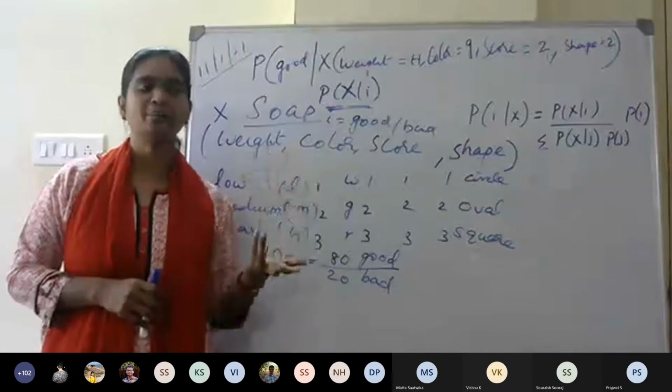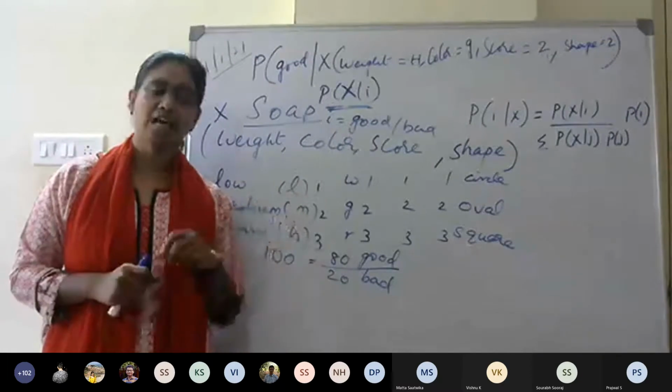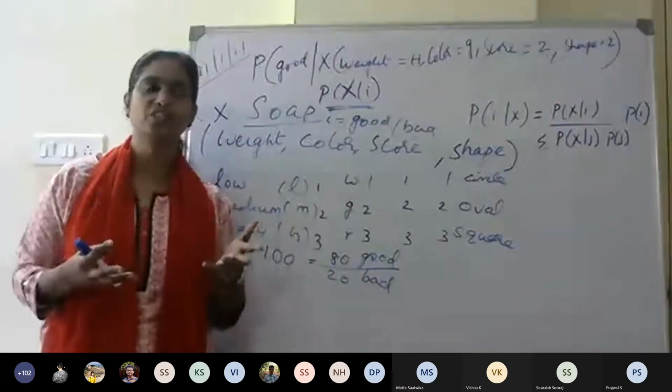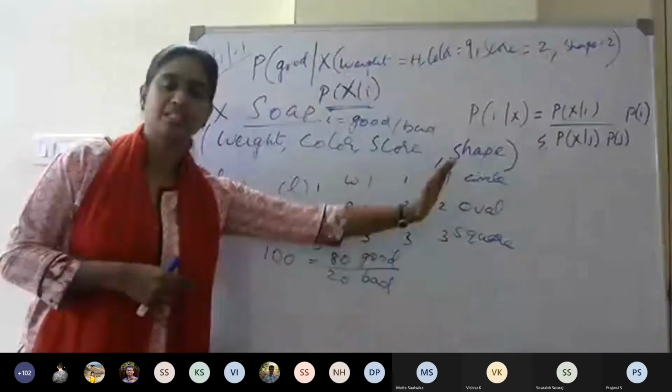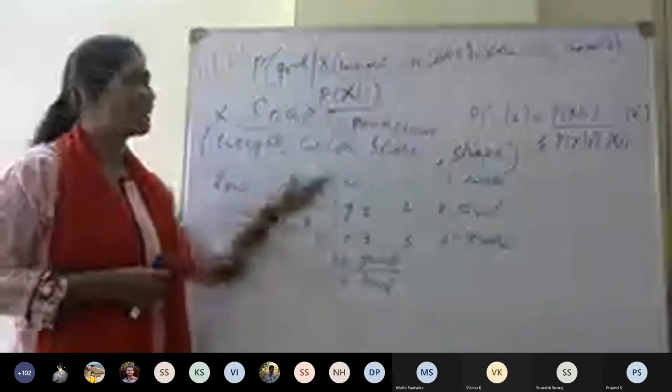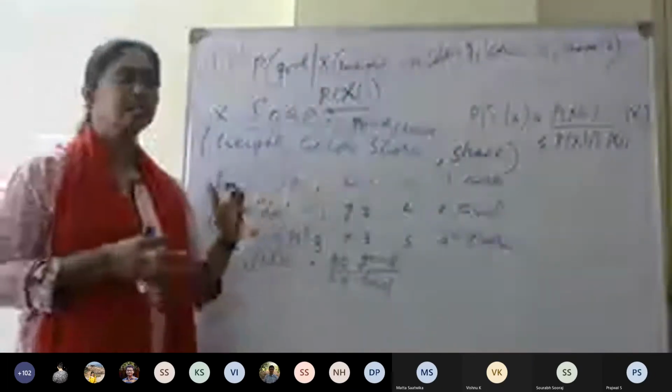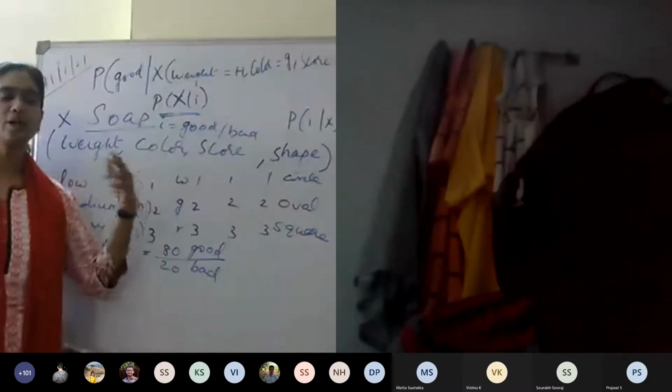The problem is, if you have multiple features, then for each feature you will have multiple values. If you find all the combinations and have a large set of data, then all the combinations of all the features may not be present for a soap to be good or bad.